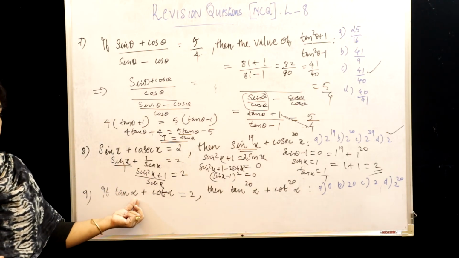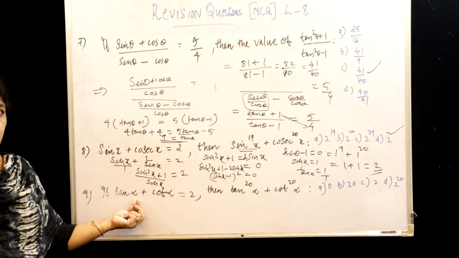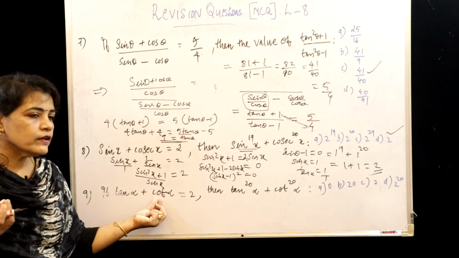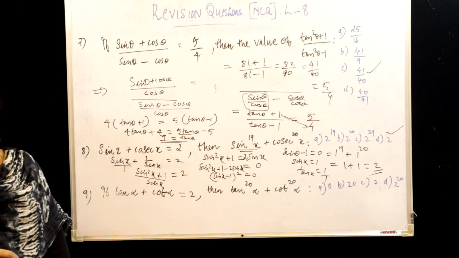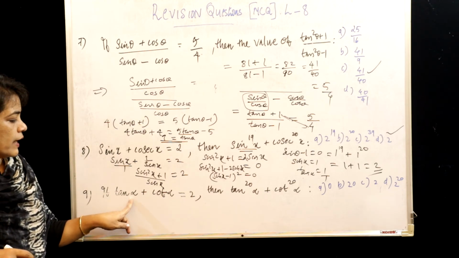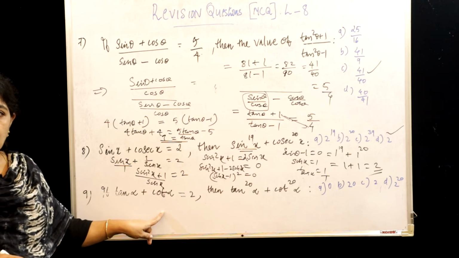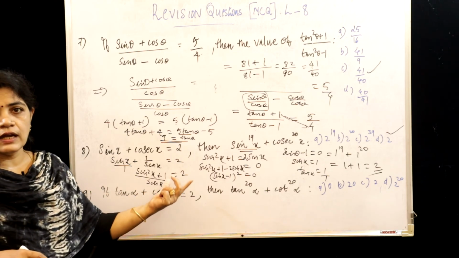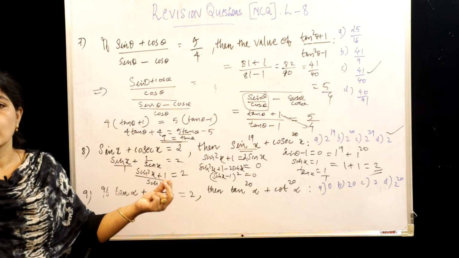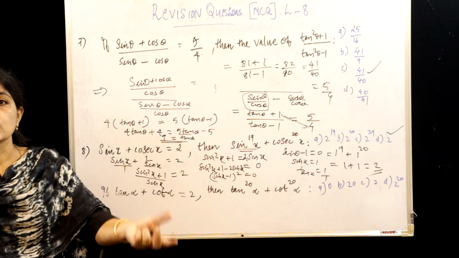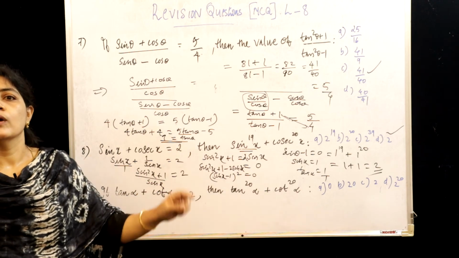Tan alpha means the acute angle alpha, and along with the cot, the acute angle is also alpha. As usual you can write tan alpha plus 1 by tan alpha, and easily get tan alpha minus 1 equal to 0. So tan alpha equals 1.